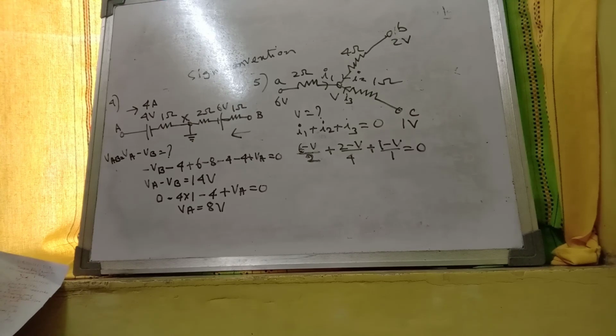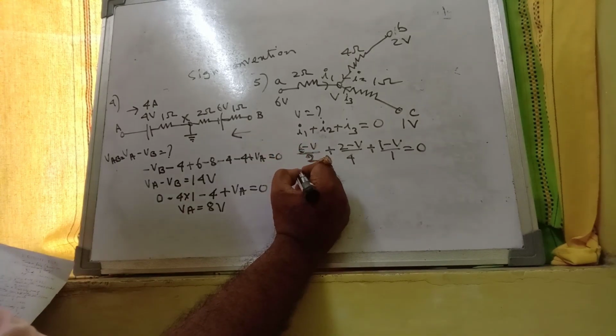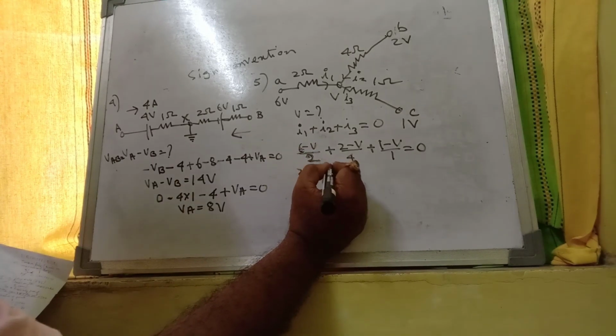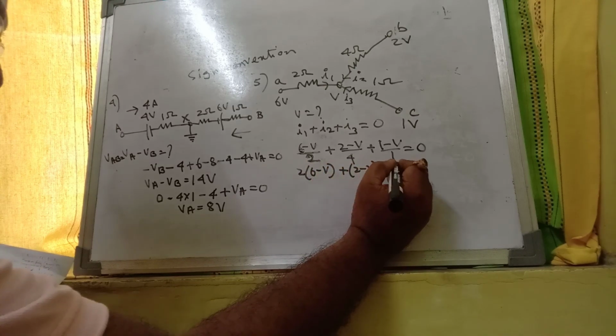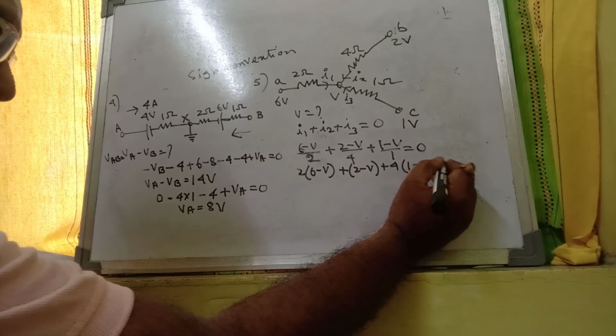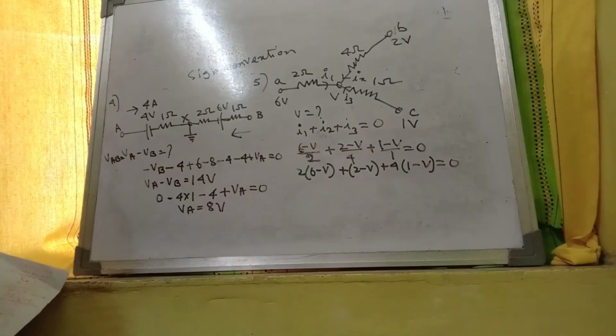So if we calculate it, what is the LCM of 2 and 4? 4. So multiply both sides by 4. So it becomes 2 into 6 minus V plus 2 minus V plus 4 into 1 minus V is equal to 0.